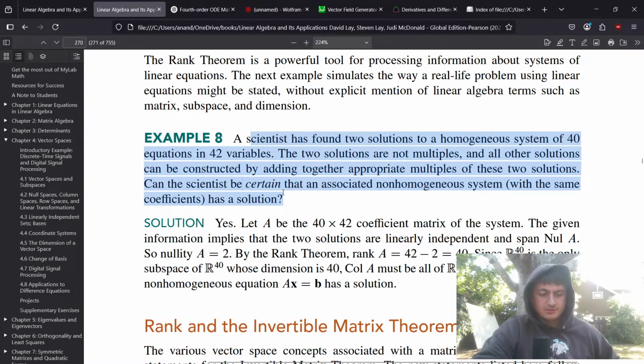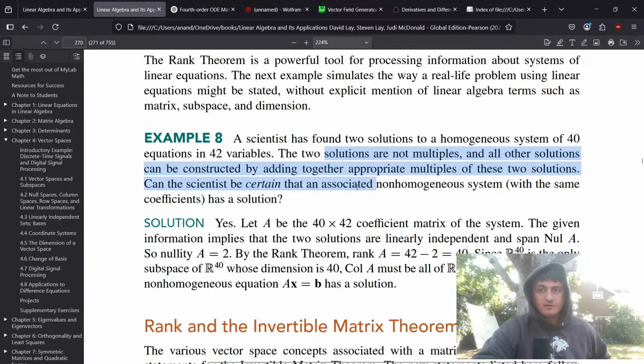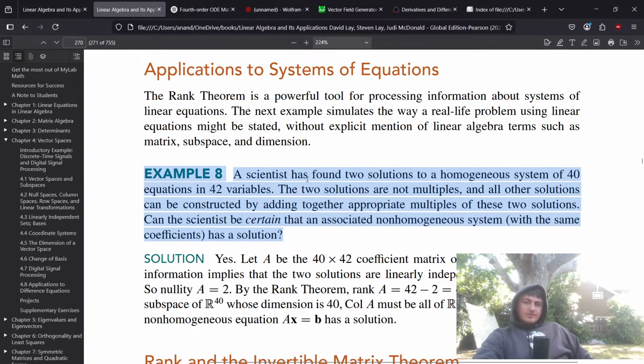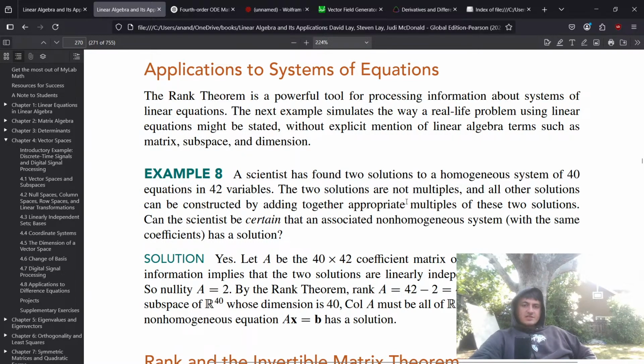The 2 solutions are not multiples, and all other solutions can be constructed by adding together appropriate multiples of these 2 solutions. Can the scientist be certain that an associated non-homogeneous system with the same coefficients has a solution?